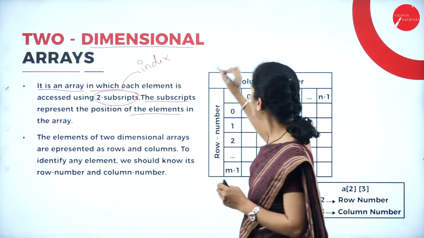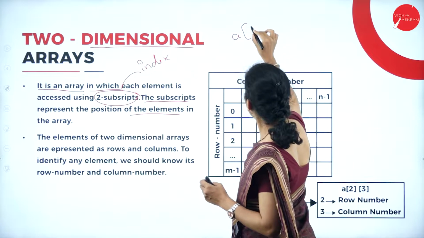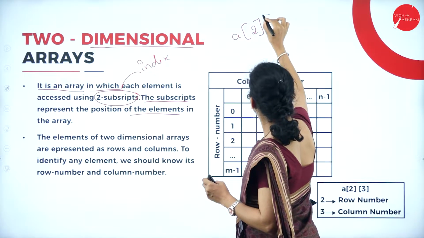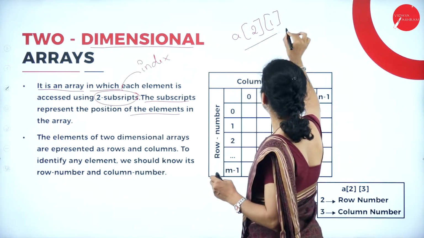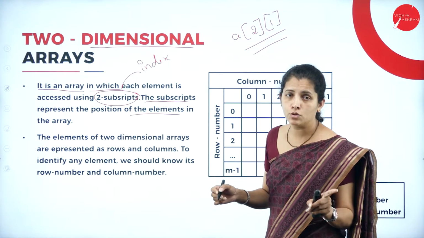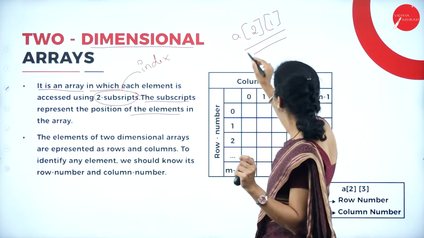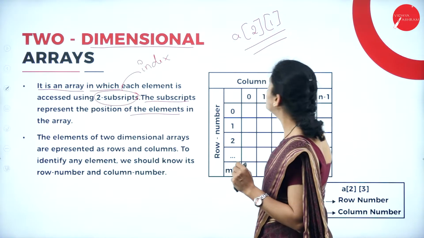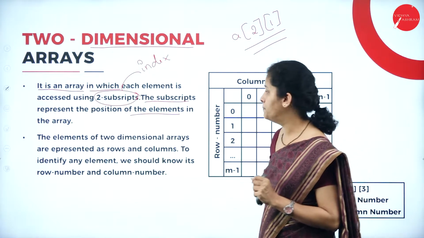So if I have A[2][1], this indicates the position of the element. The element is present at the location A[2][1].